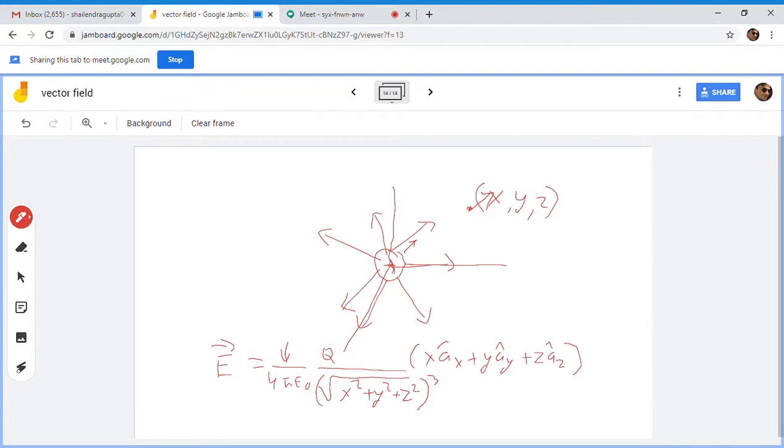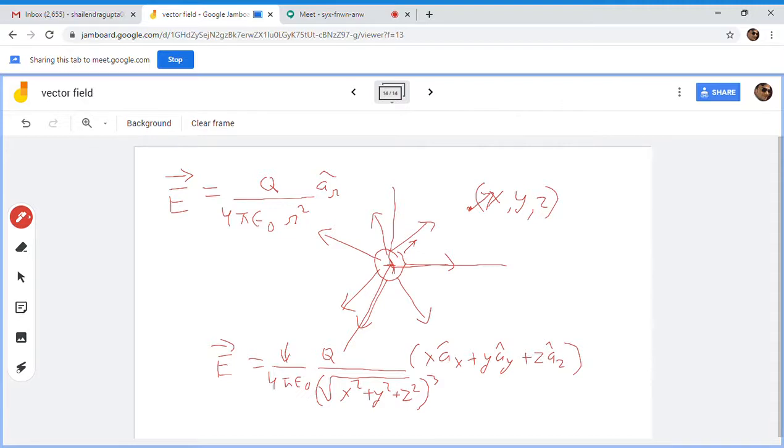But if you observe the same field in the spherical coordinate system, it is much easier. The equation becomes Q upon 4 pi epsilon naught r whole square, where AR is the radial direction.